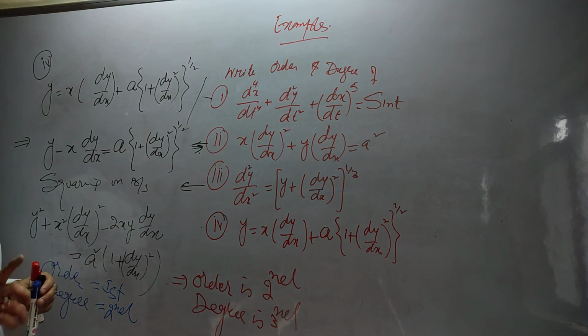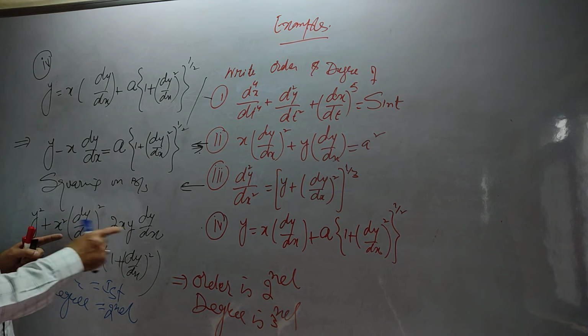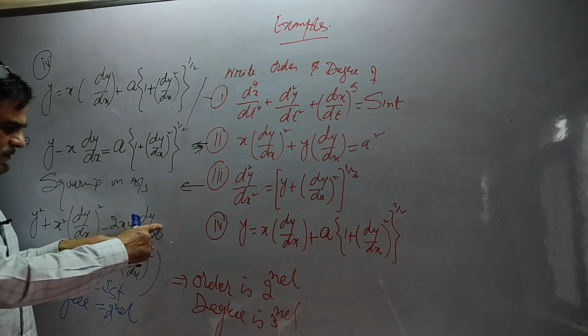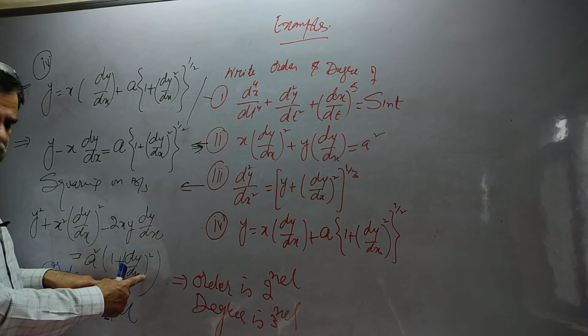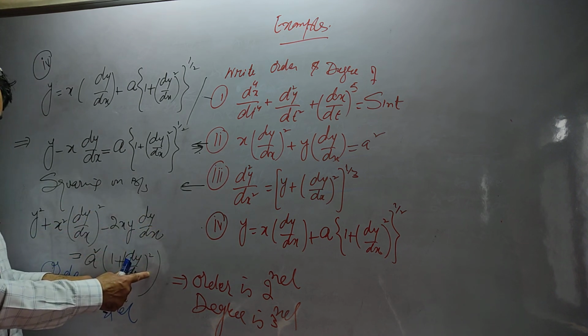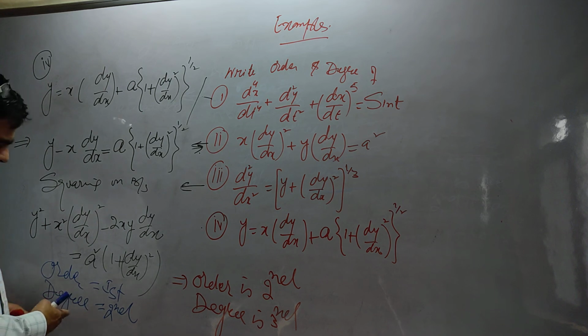So order is 1. Then we see the highest power of this highest order. Here it is first order, and here power is 1, here power is 2, here power is 2. The highest power is 2, so the degree is 2.